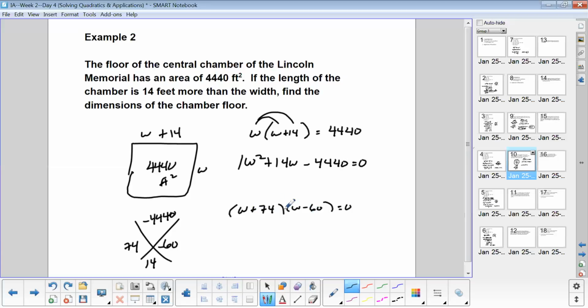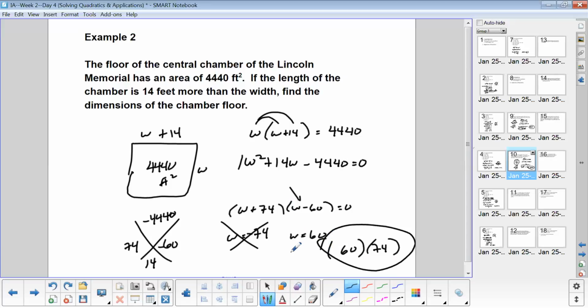One of these is going to work, and it's going to be this one, because when you solve for W, you get a positive measurement. You solve for W here, and you get a negative measurement. So 60 by 74 would be the length and width.